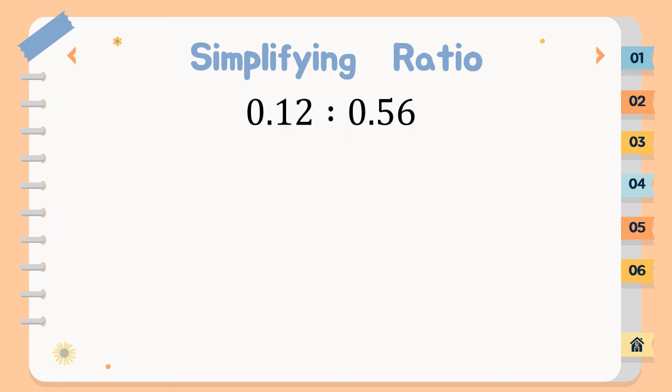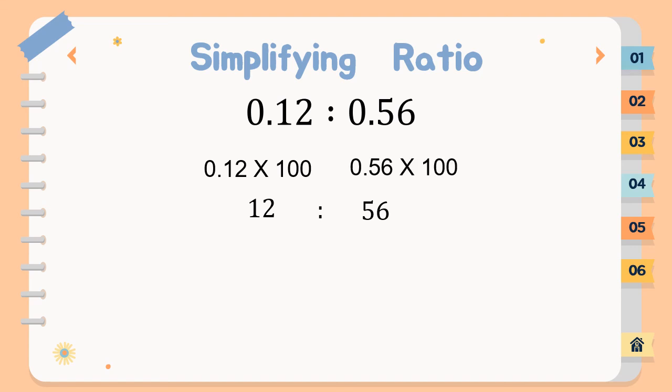Next, we have 0.12 and 0.56. Multiply them by 100 to get whole numbers. 0.12 times 100 is 12, and 0.56 times 100 is 56. So 12:56.